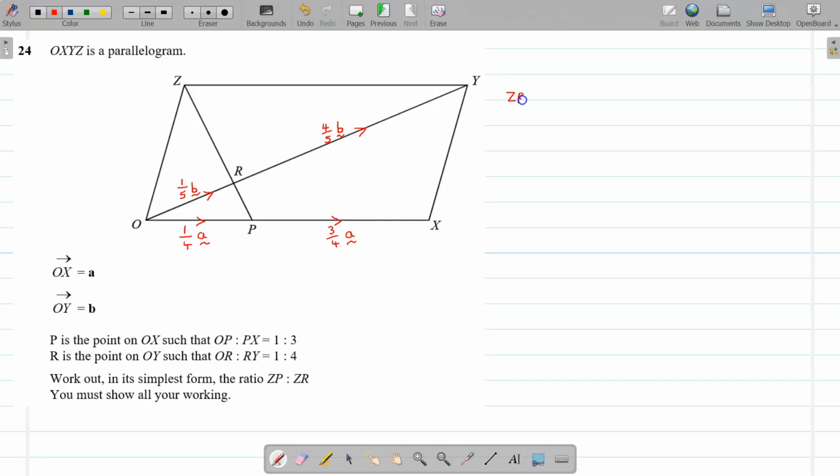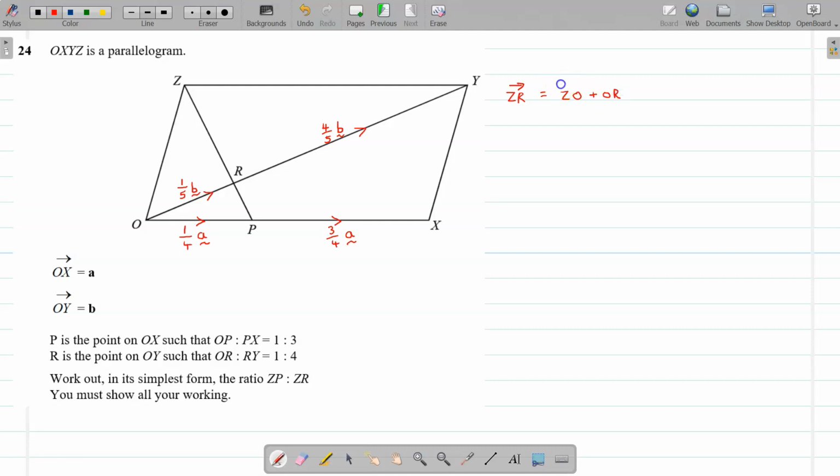So I'm going to start with ZR. So Z to R. Now I can achieve that by going from Z to O plus O to R. That's the same as ZO plus OR.